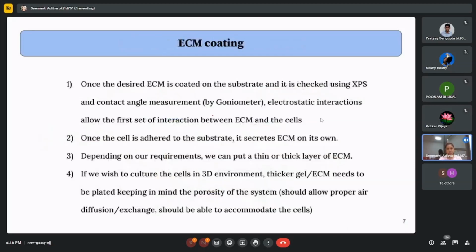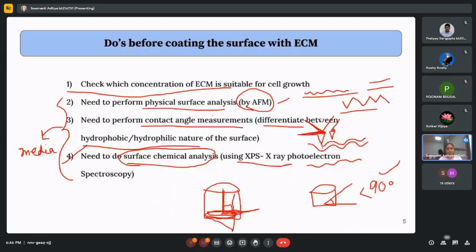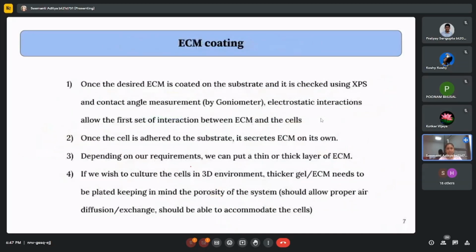Yes. So next, once we are done checking the concentration of ECM and then checking the surface properties, the physical surface analysis, the contact angle measurements, and the surface chemical analysis, then finally we have to coat the surface with ECM. And once the desired ECM is coated on the surface and it's checked using XPS and contact angle measurement, the first set of interactions between the ECM and the cell is electrostatic interaction. So this is the substrate.